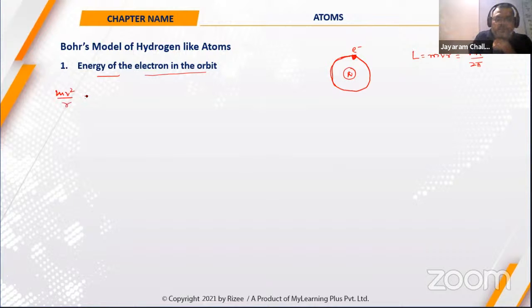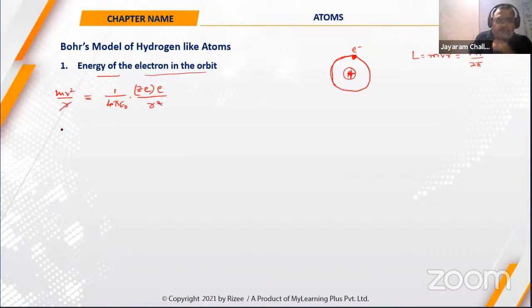This has been balanced, this is equal to the electrostatic force between the positively charged nucleus and the negatively charged electron. That will be 1 by 4 pi epsilon naught into Ze, which is the charge of the nucleus, and e, which is the charge of an electron, divided by the distance r square.